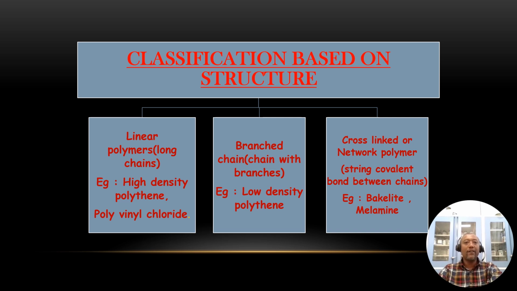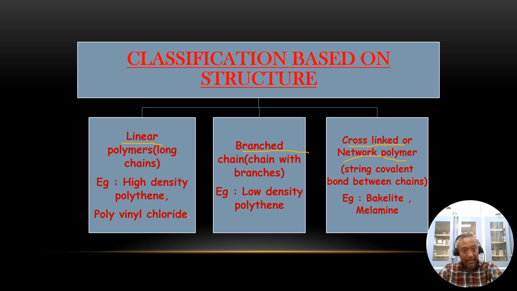Next, here is another classification of polymers. Based on what? Their structure. Based on structure, we can classify polymers into linear polymers, branched polymers, and cross-linked or network polymers. What are examples of linear polymers?